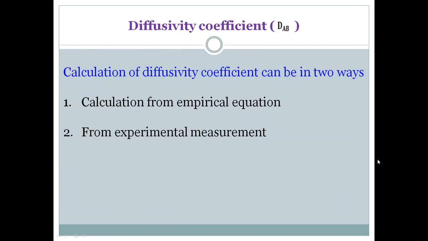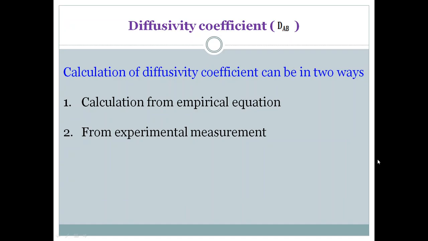Now the second thing is how to calculate the diffusivity coefficient, because accurate calculation of the diffusivity coefficient is very important. It is very similar to the specific rate constant in chemical reaction engineering. Accurate calculation of the specific reaction rate is very important. If there is an error, then the whole calculation will be erroneous.